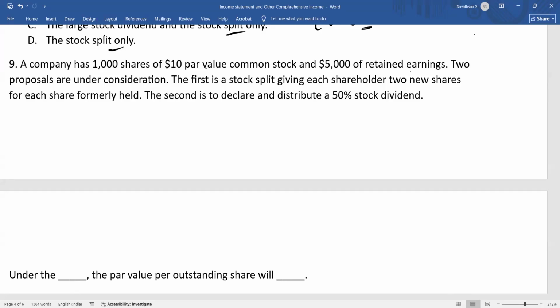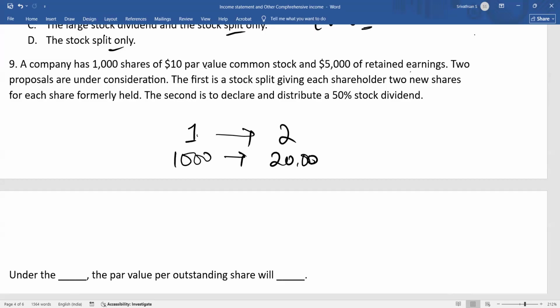What they are saying is, for every 1 share held by the shareholders, the company is going to give 2 shares. So this is one proposal. Because of this proposal, what will be the total number of shares? For 1 share, if the company is going to give 2 shares, totally there are 1,000 shares outstanding. So for 1,000 shares, 2,000 shares should be given additionally.